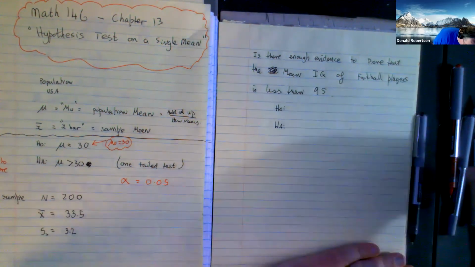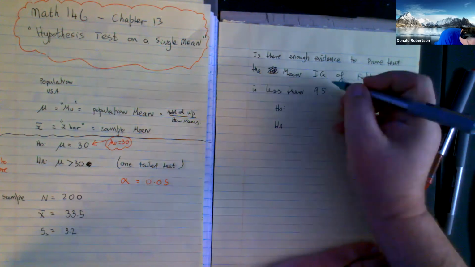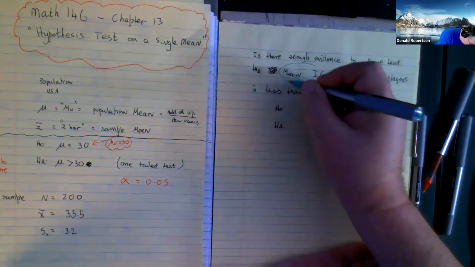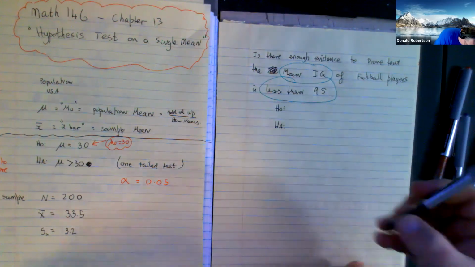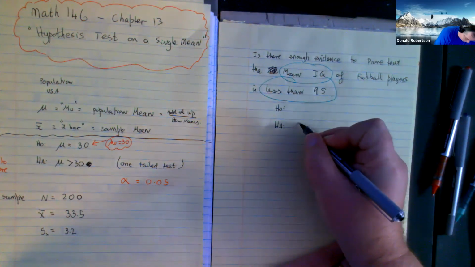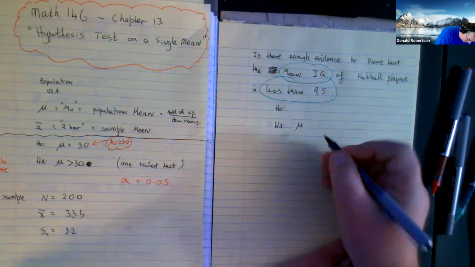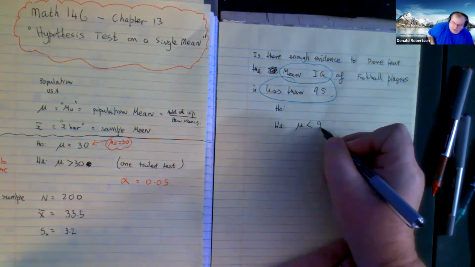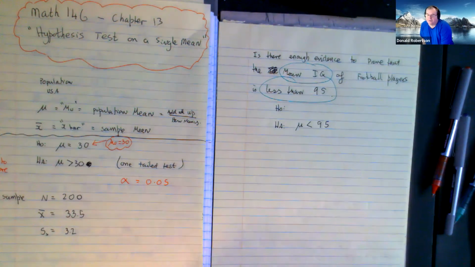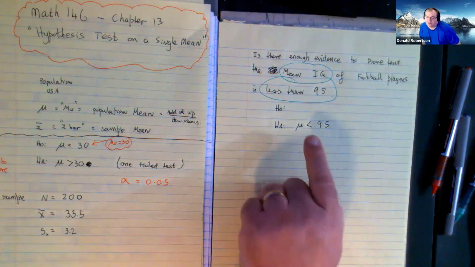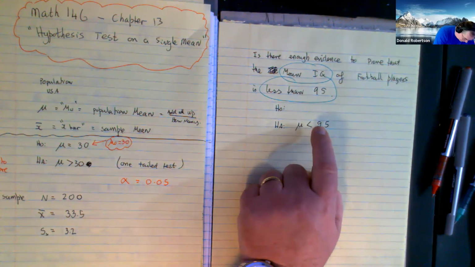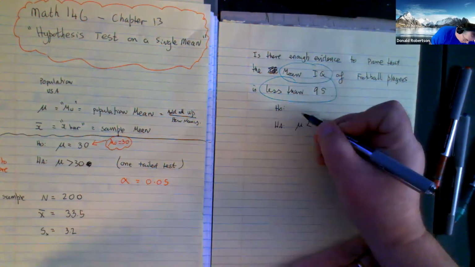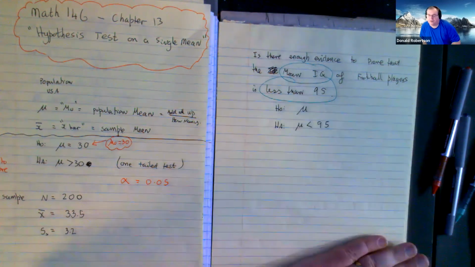The bit that really matters is that the mean IQ is less than 95. So that is mu less than 95. Are you comfortable how you would figure that out from the sentence I just read? Now, you tend to actually write this one down first, because once you've written this one down, what do you write as the null then?